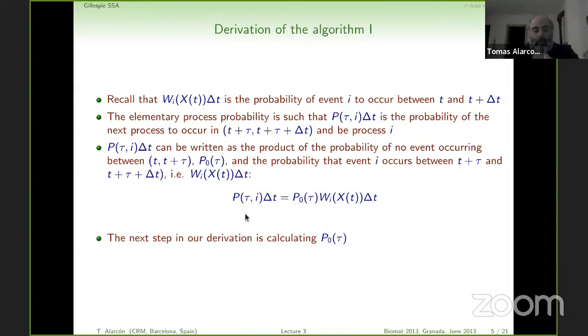Now, obviously, if we want to derive this, because of the Markov property, we can write this quantity as the product of this P naught, the probability that nothing has happened between t and t plus tau, and the probability that whatever occurs within t plus tau and t plus tau plus delta t.